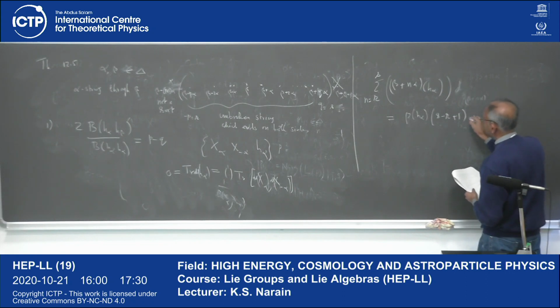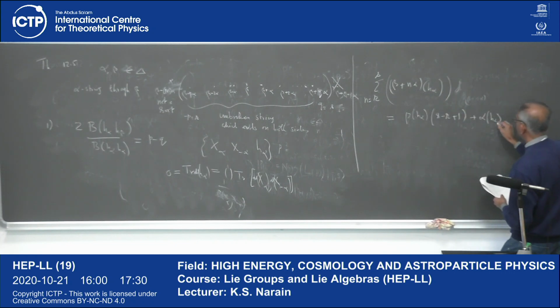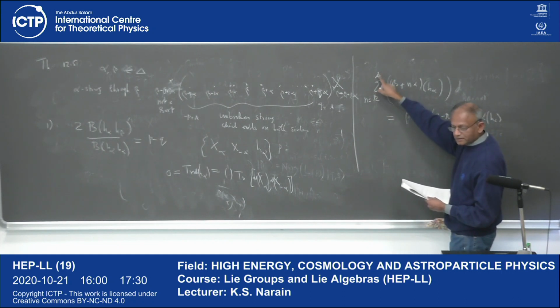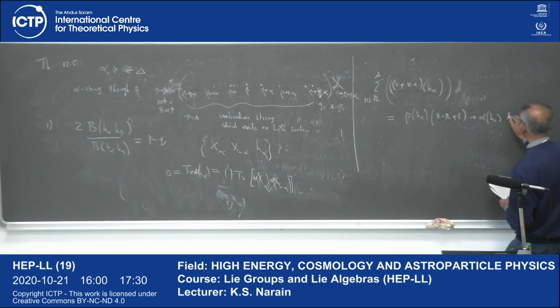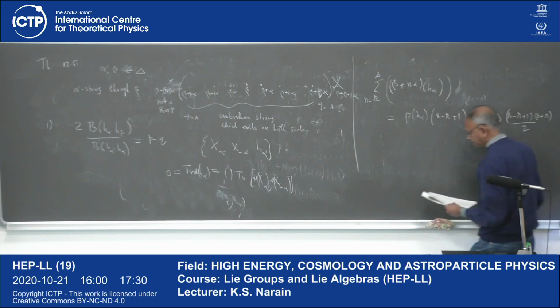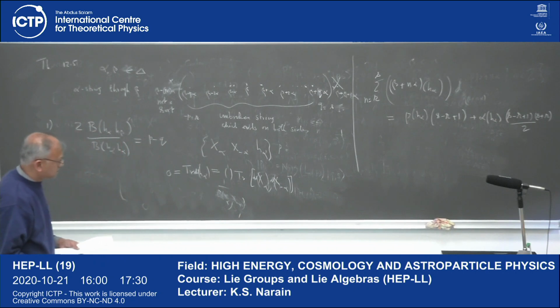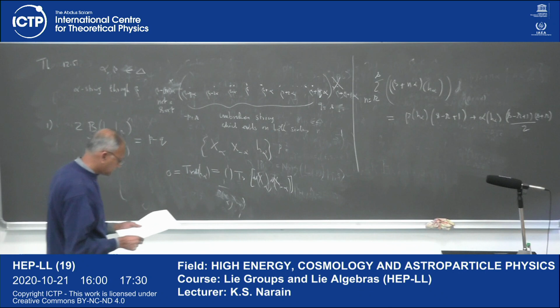Plus this term, n alpha H alpha: alpha H alpha is independent of n, but now I have to sum n from R to S. That is going to be S minus R plus 1 times S plus R divided by 2. That's the usual sum over n. You all agree with that, right?